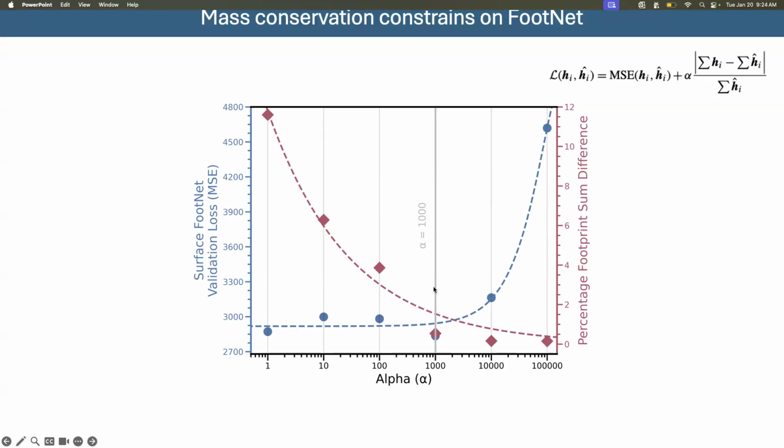So what we want is a balance between these two terms, and we saw that at alpha equal to 1000 we get a better result, with both of these terms minimized. So we use alpha equal to 1000 for our model training.